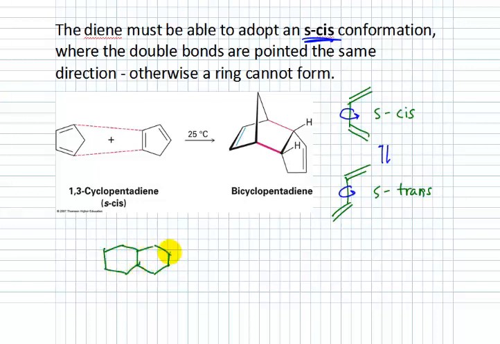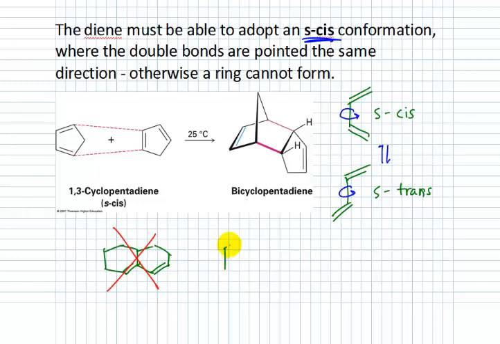Say I have two fused six-membered rings and have a diene in there where we have no choice but to be in the S-trans conformation, right? If I go in one ring and then the next ring like that, there's no way this bond can rotate because it's tethered back to the other end. So this compound is not reactive in Diels-Alder.